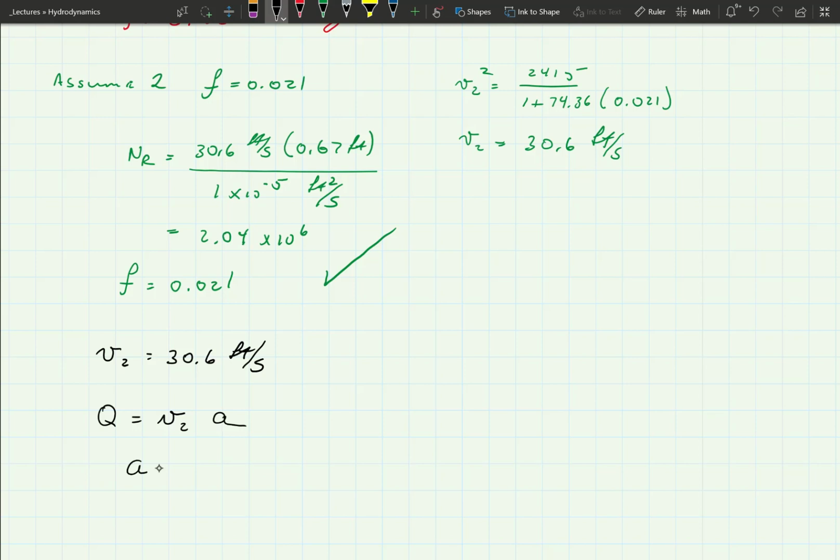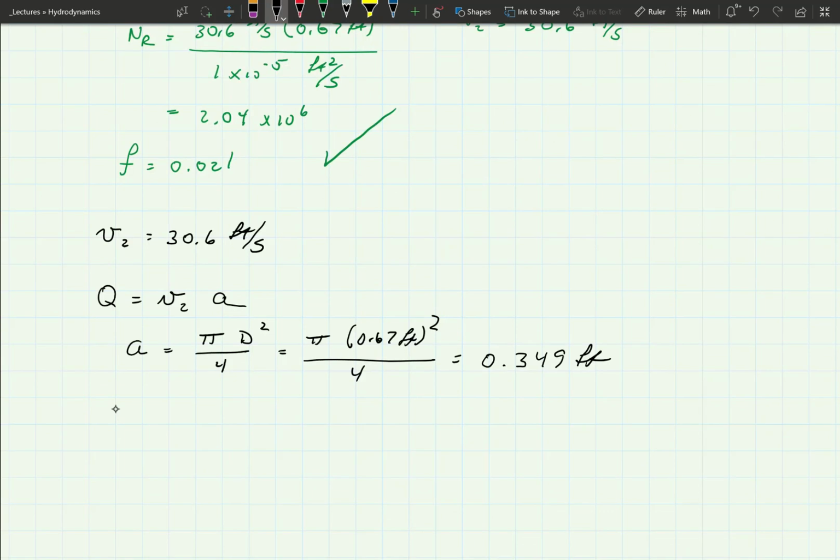Our area of the pipe is pi d squared over 4, equal to pi times 0.67 feet squared over 4, which is 0.349 feet.